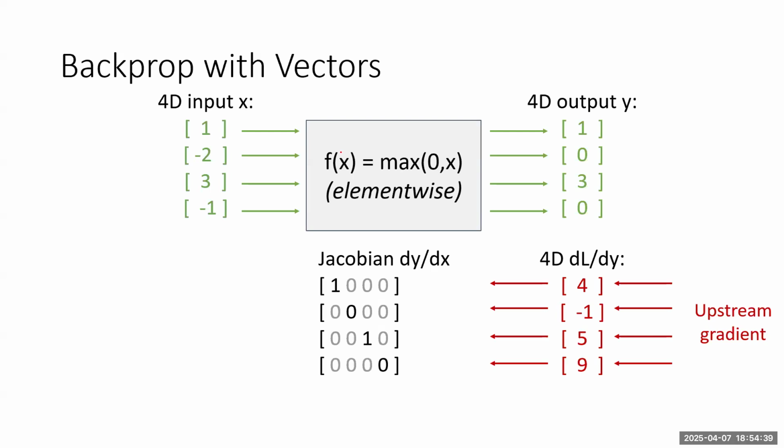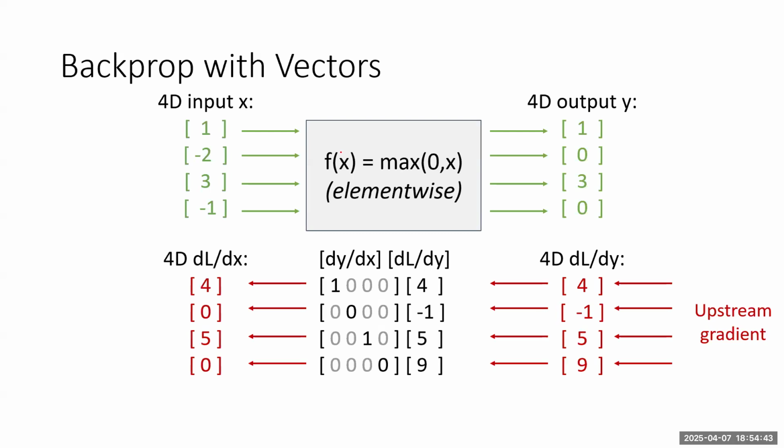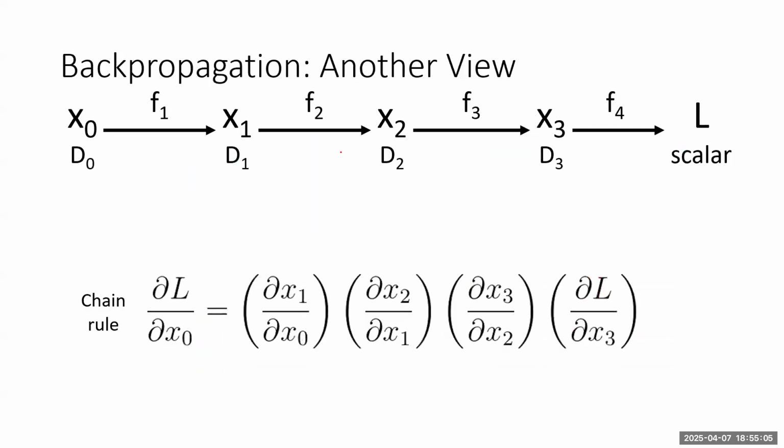Then I will multiply this times the upstream to generate the downstream derivative. So here I'm not working with one value here or there. No, I'm calculating the derivative for all these vectors. Okay? So this way I can reduce the calculation time and make the computation much more efficient.